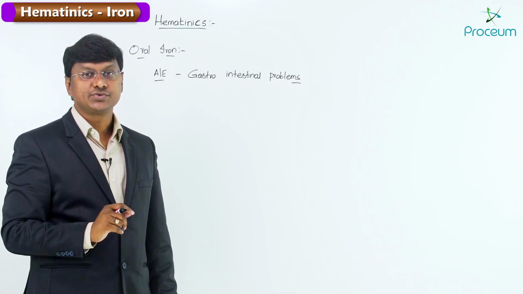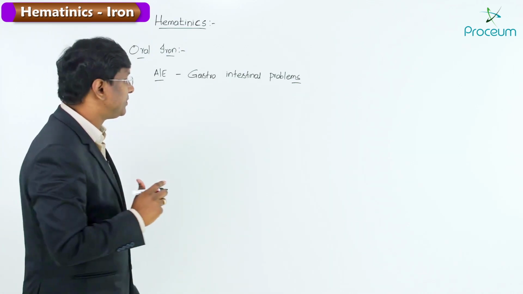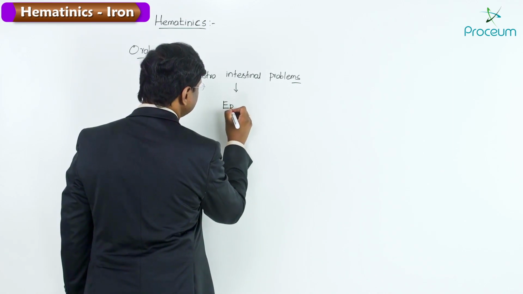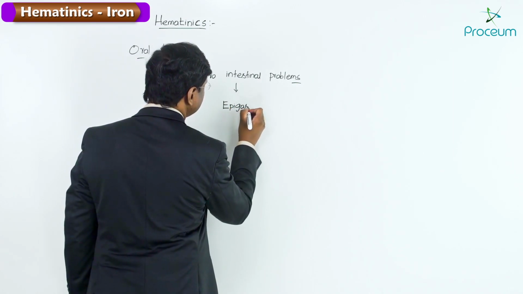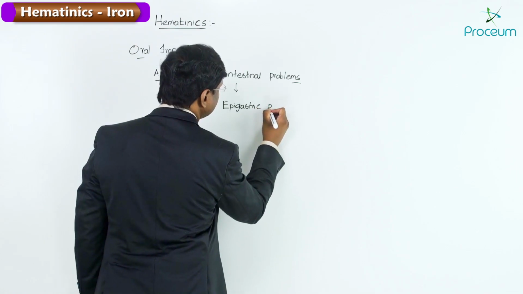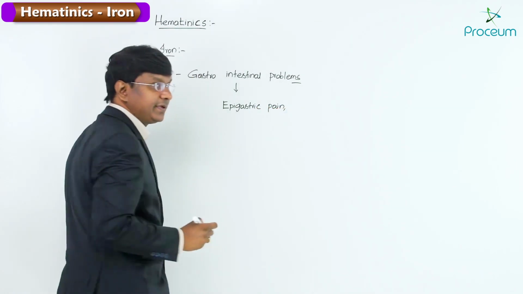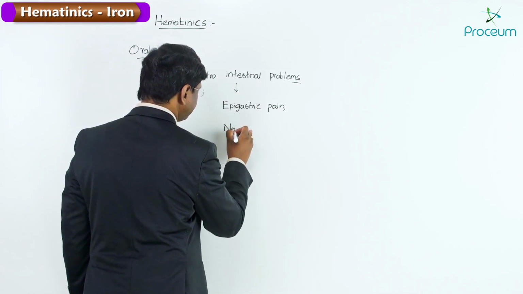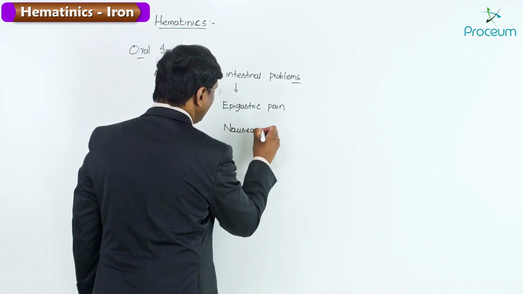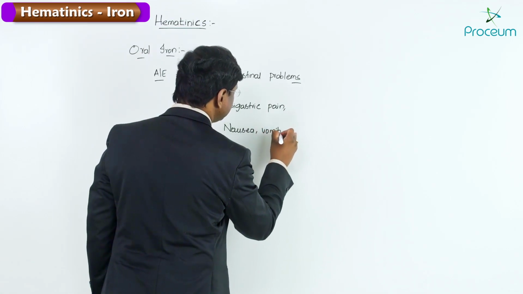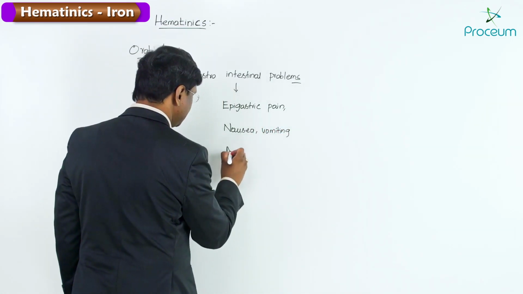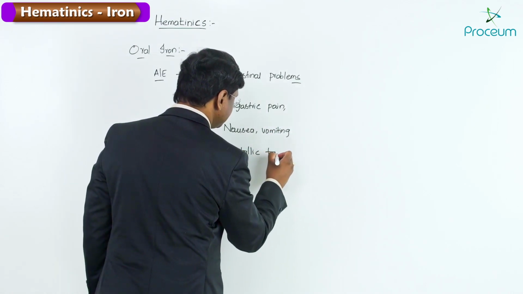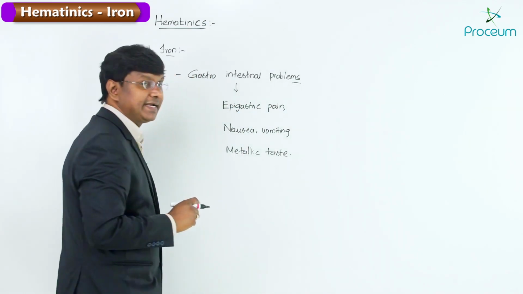And these gastrointestinal problems include number 1, epigastric pain. Number 2, nausea, vomiting, and then metallic taste.